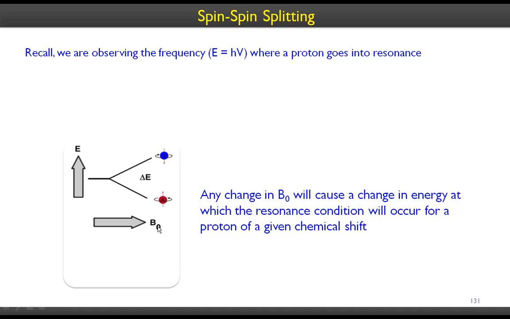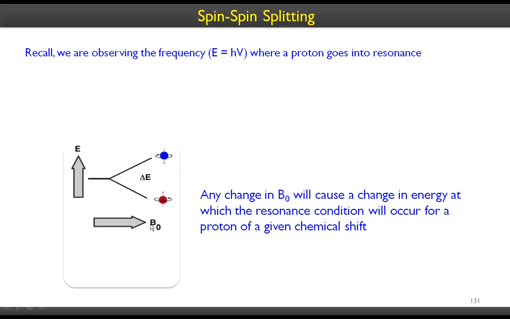Let's say B naught is the applied magnetic field, and B effective is the effective magnetic field that this nucleus experiences, which is different from, or lower than, the applied magnetic field. In that case, you would have a smaller gap between the two spin states.